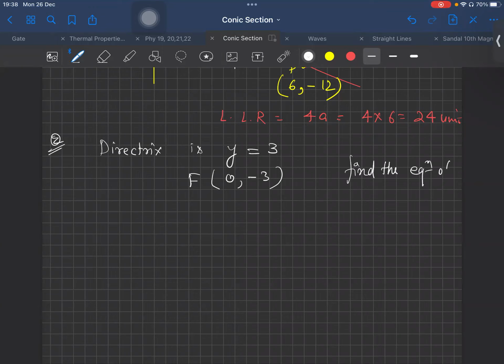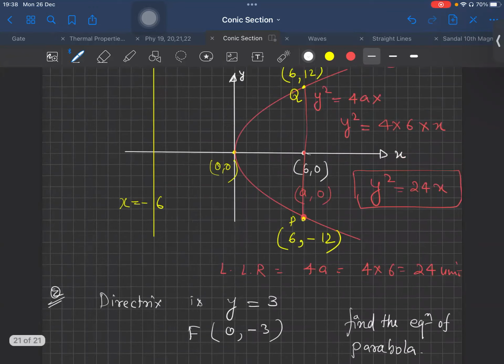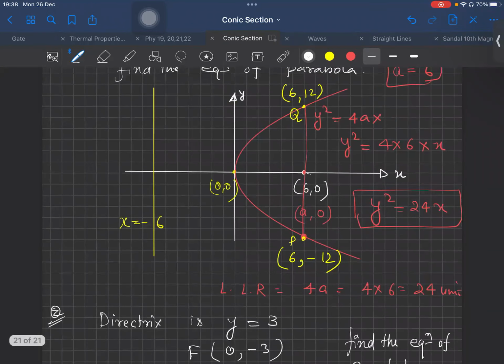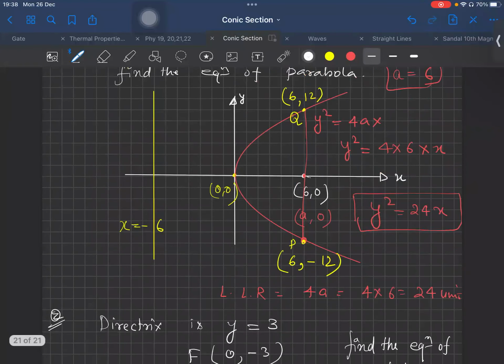Find the equation of parabola. See, always you need to find the value of A. I have drawn this parabola because it will make clear what type of parabola this is. This parabola will always satisfy these points.